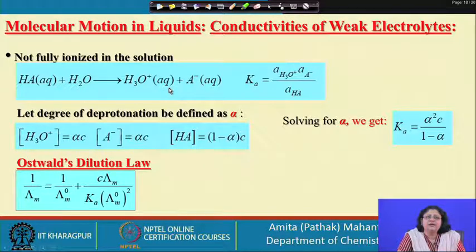If they are not fully dissociated, and the fraction to which they are dissociated is taken to be alpha, then alpha C is the concentration which is generated when the products are formed, the hydronium ion plus A minus in aqueous medium. So, we can find out the value of K, and from solving this, the next slide has the solution for this. You get an expression something like this.